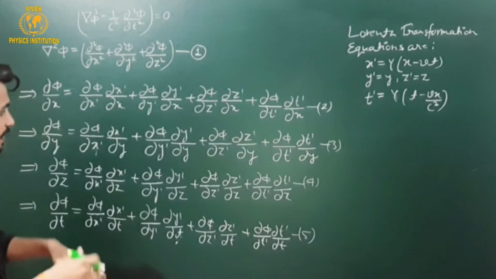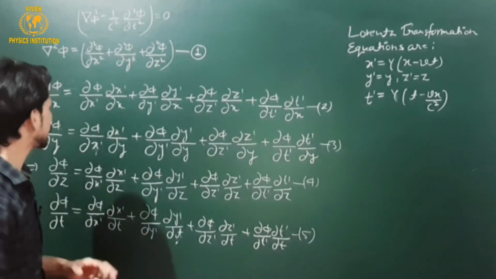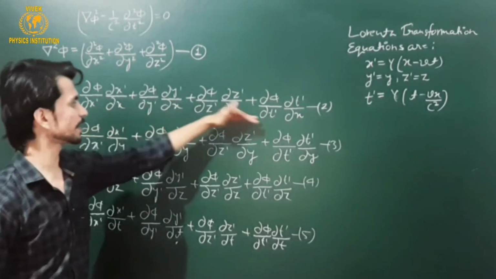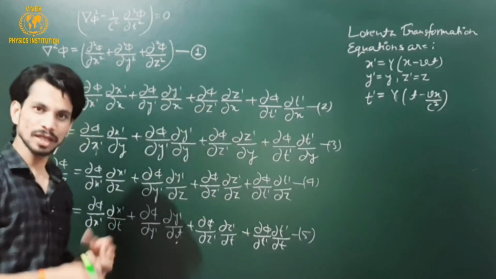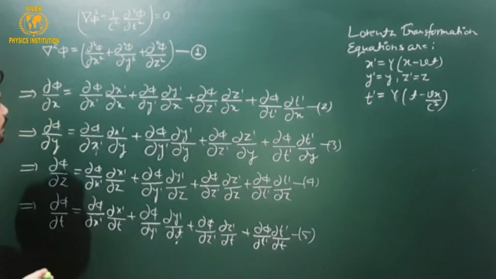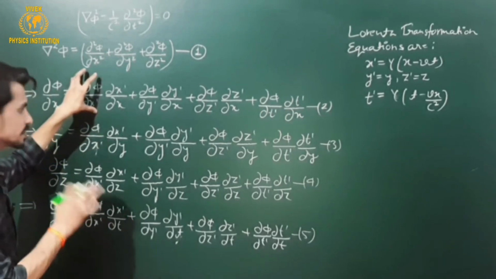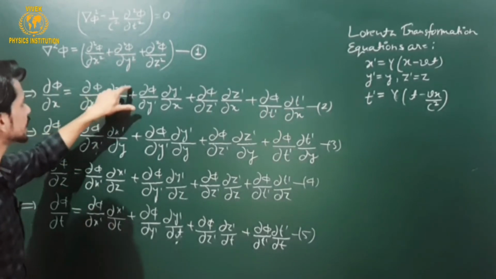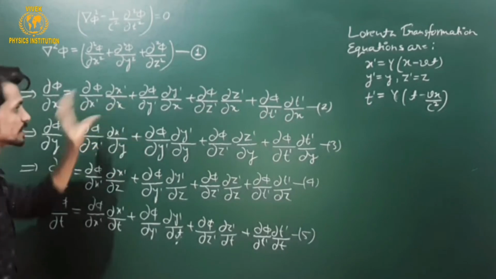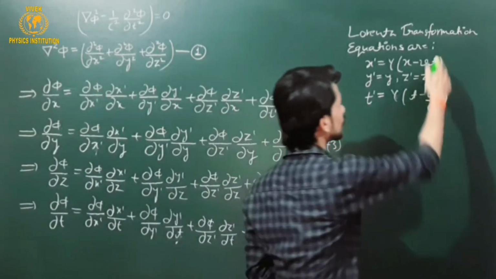Again, as in the last lecture, I have to find the value of all these individual factors in all the equations. Now I am doing the same again. The value of del phi over del x dash is del x dash over del x. The value of this one factor can be found from all these equations.